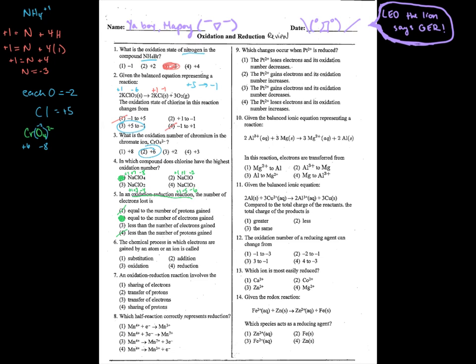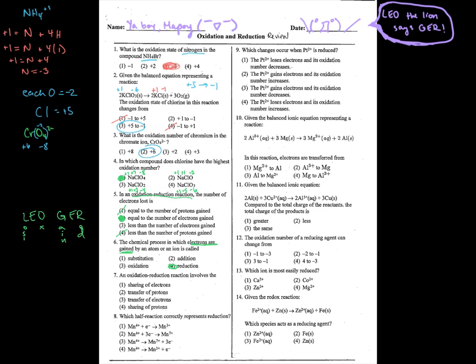All right, number 6, the chemical process in which electrons are gained by an atom or an ion is called, so electrons gained. I always say the phrase LEO the lion says GER. Losing electrons gets you oxidation. Gaining electrons is reduction. Okay, so that's choice 4.